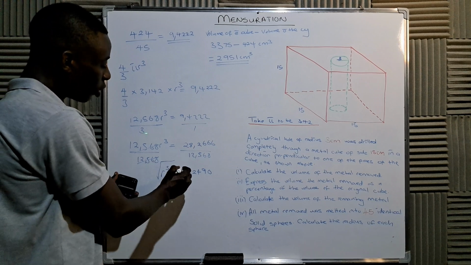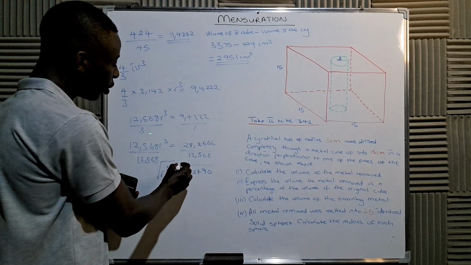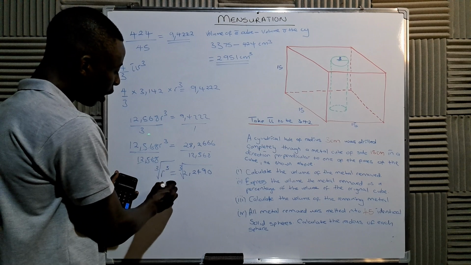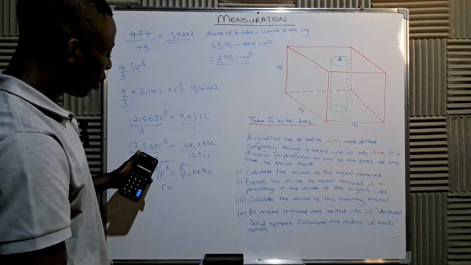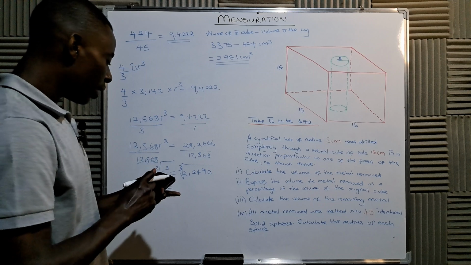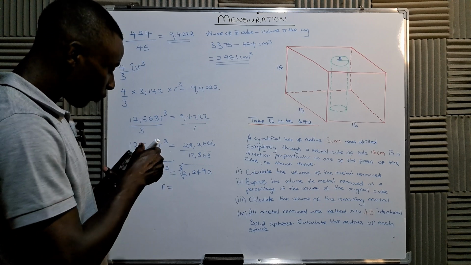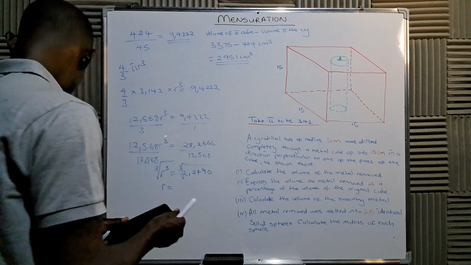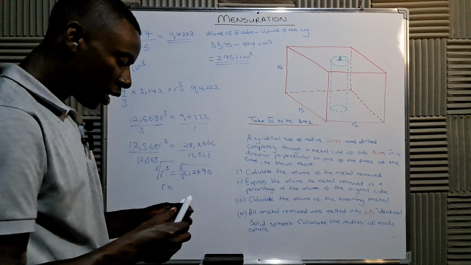So we are going to cube root both sides to get rid of the cube. So now we have r on the left hand side. So the cube root of 2.2490. Let me use the different calculator.